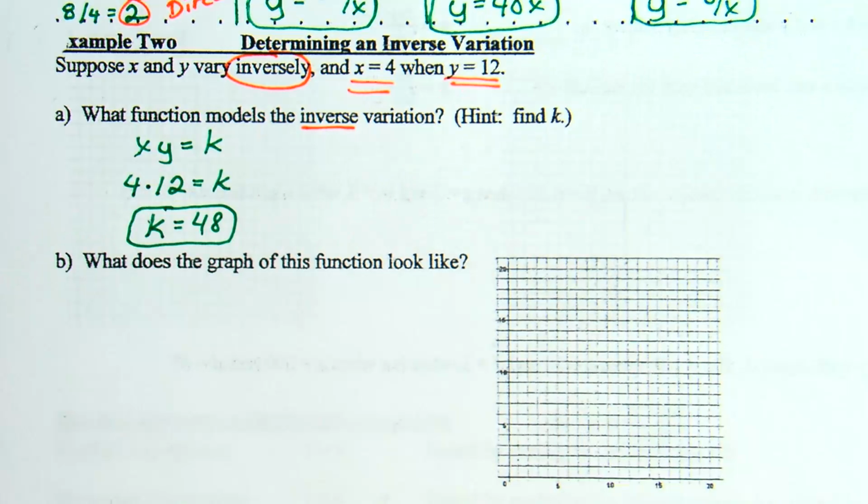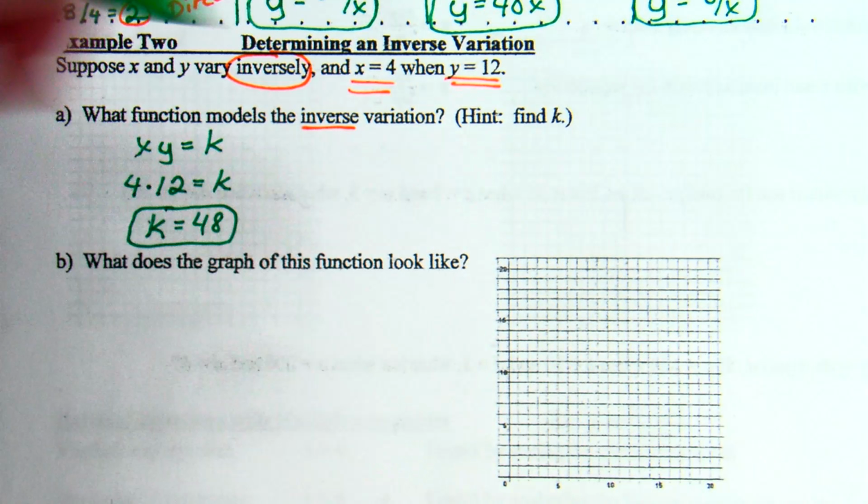If k is 48, what's an equation here? What'd you say? 4 equals 48 over 12. Well, not an equation with all the numbers, but an equation that represents this situation. X equals k over y.